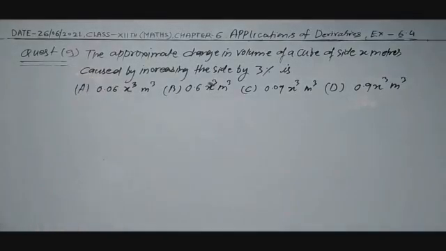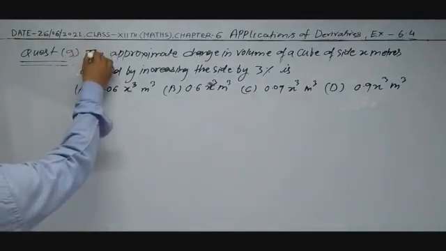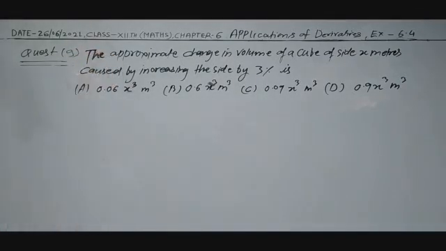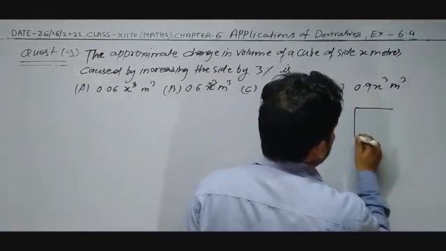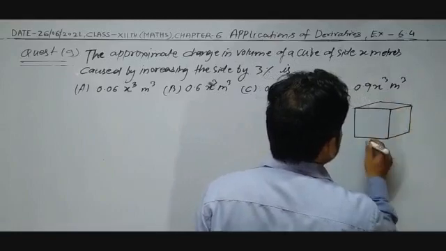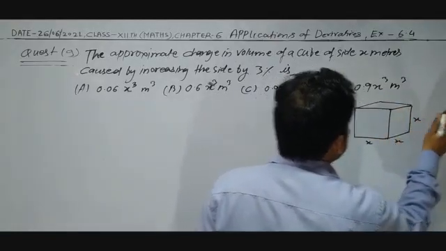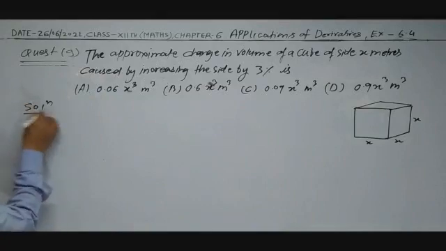Now the question is the approximate change in volume of a cube of side x meter. Suppose let us consider a cube of side x meter, x. So what is given? Solution.